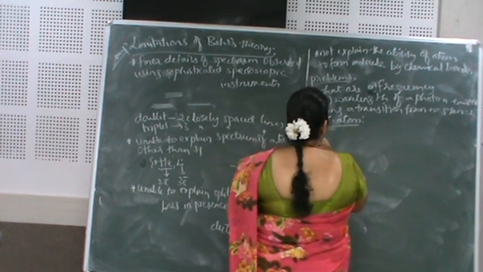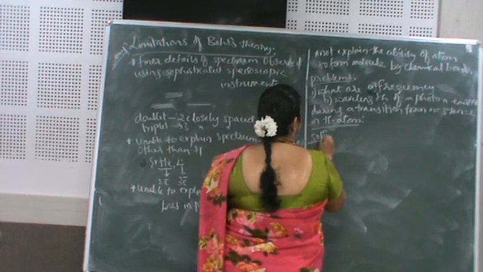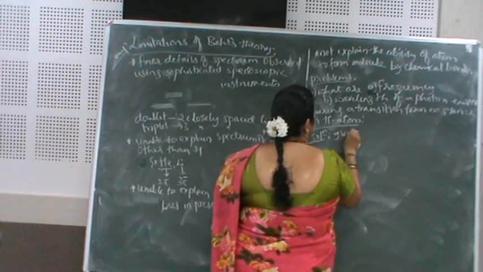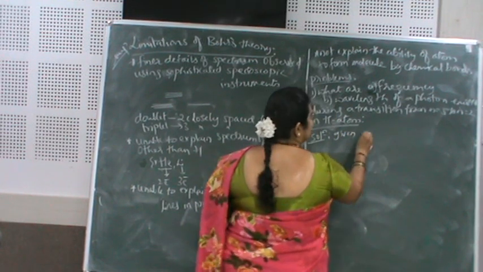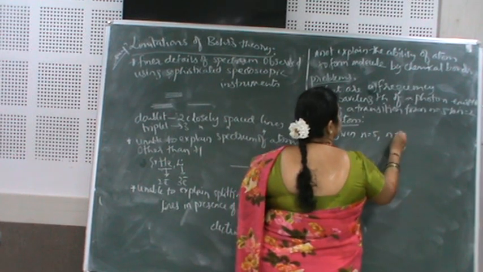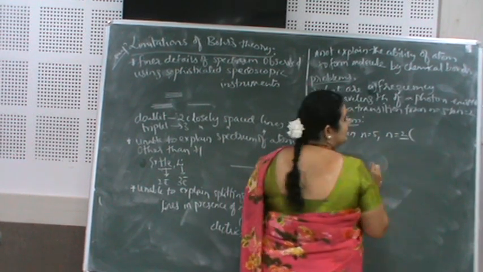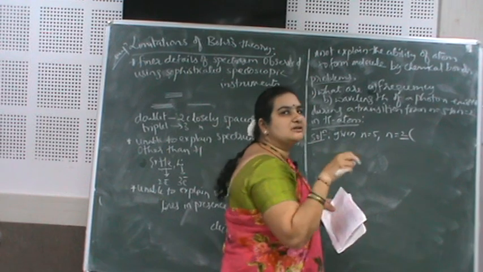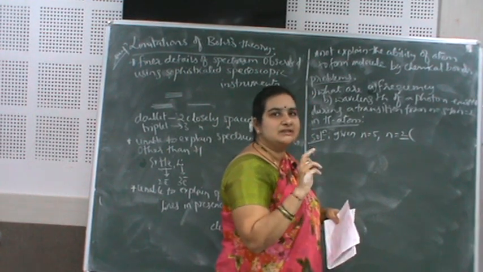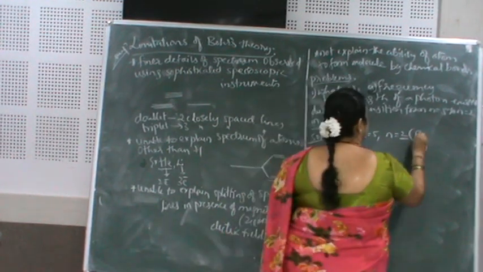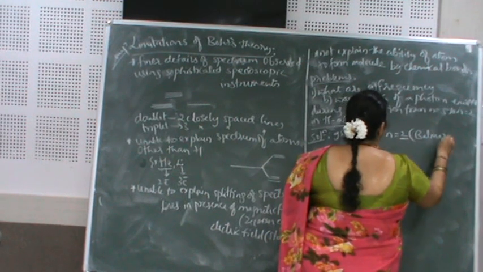Before solving the problem, write down the given things. n equal to 5 to n equal to 2, so the electron will jump to the last level, that is 2, and it is the Balmer series.